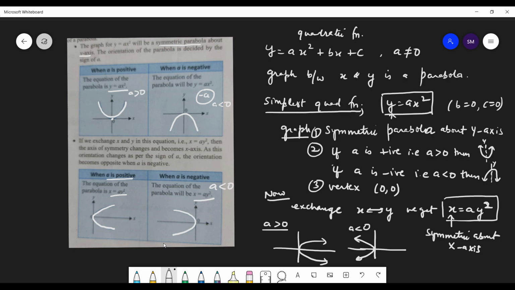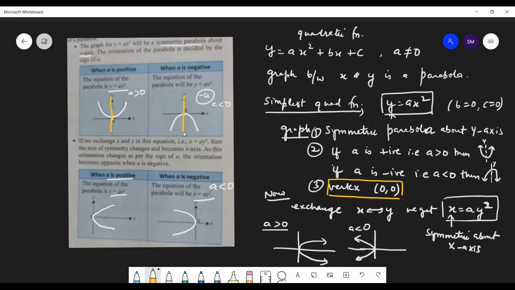Now, the two key terms about the parabola are, one, the vertex, and the second key thing is the axis of parabola.